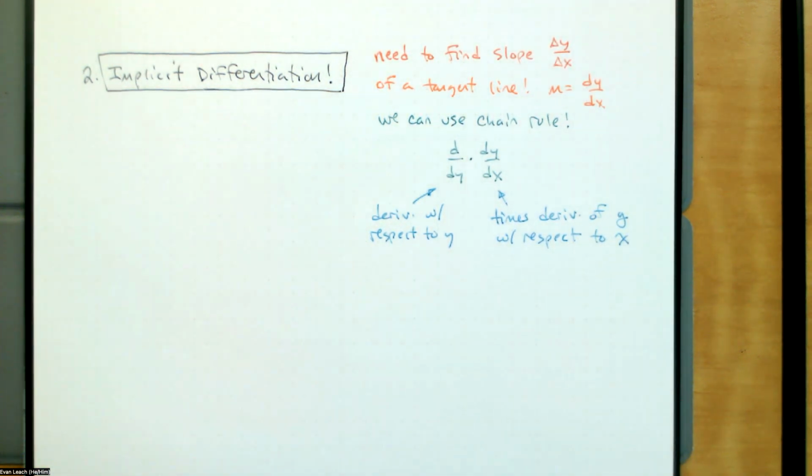This is how the chain rule operates, and this is how we're going to install a dy over dx. The derivative with respect to y times the derivative of y with respect to x.